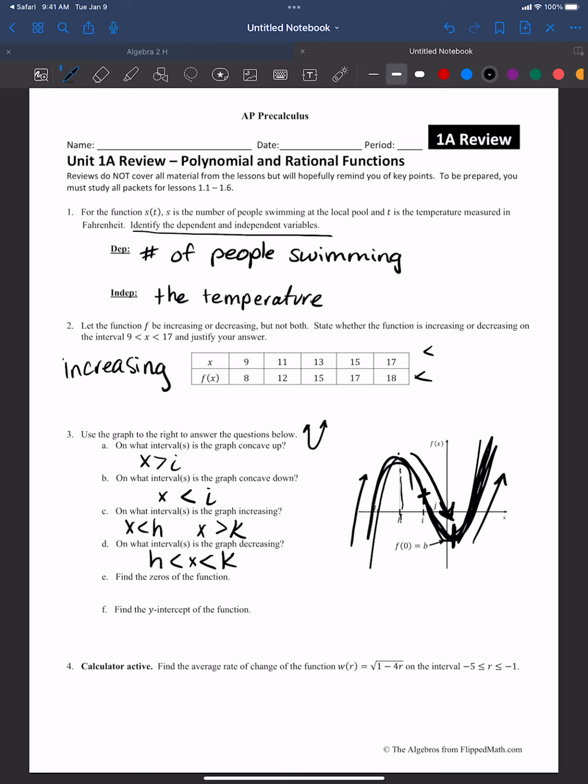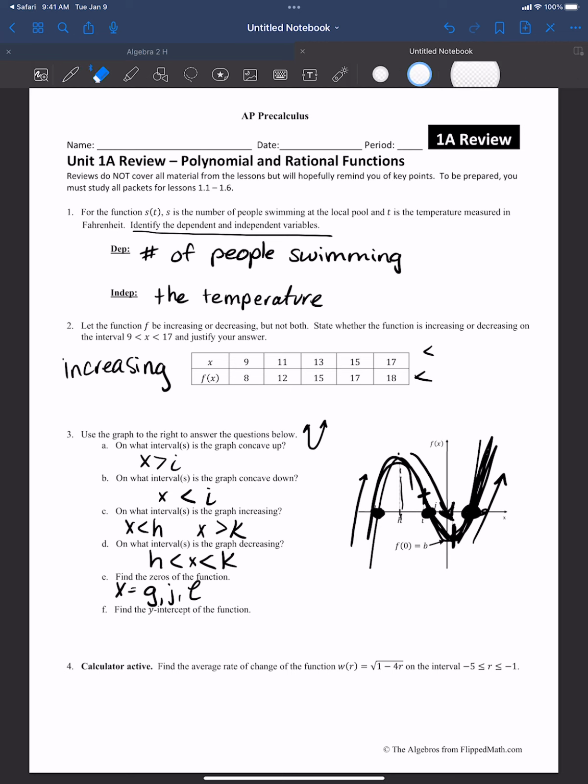All right, and then my zeros of the functions, that's where my y value is 0. So I have 3 key zeros, which is when x equals g, j, and l. They're a little hard to see.